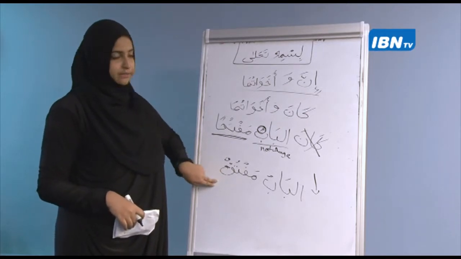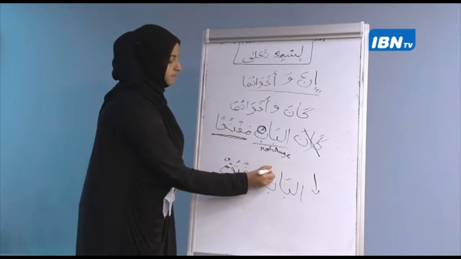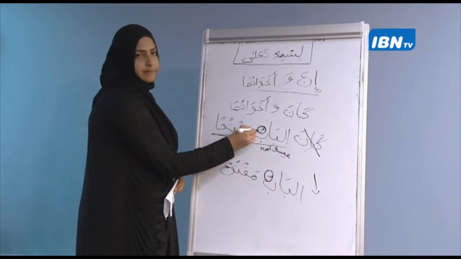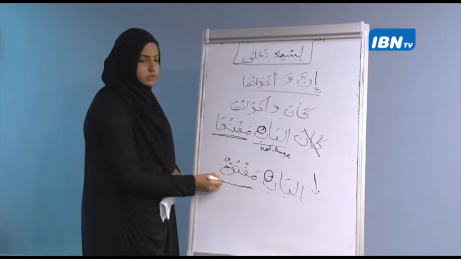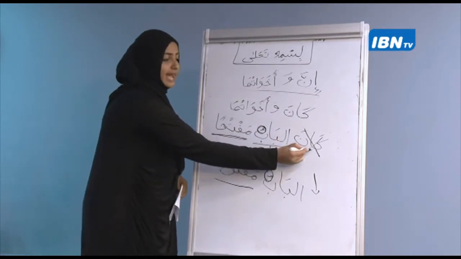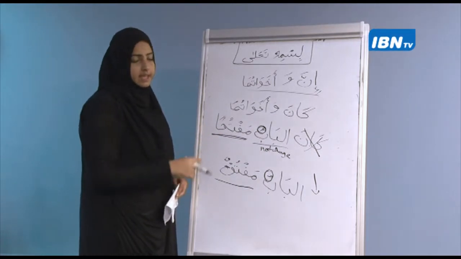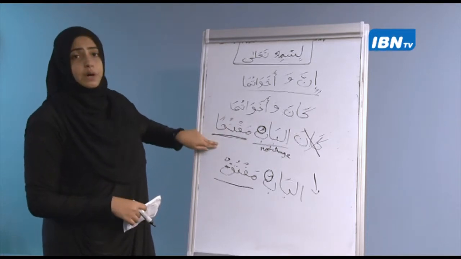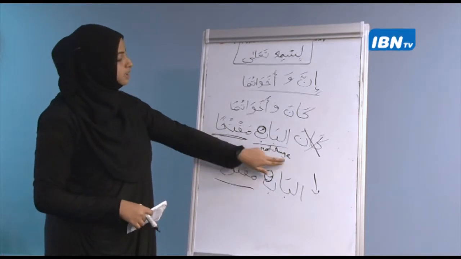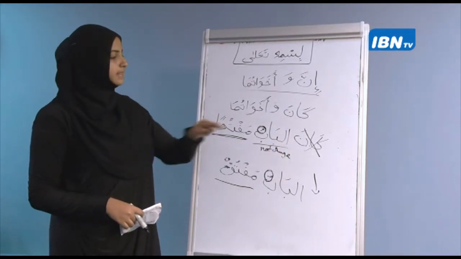Notice, dear viewers, notice the signs. Al-babu, and after I changed, same. Al-babu, no change. But look at this word, maftuhun, and after adding kana, it has become maftuhan. So when it comes to kana, the khabar is the one that will change. The ism is the one that will not change. It will remain the same.